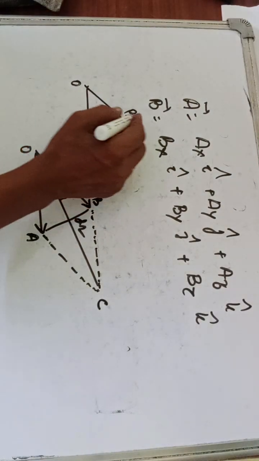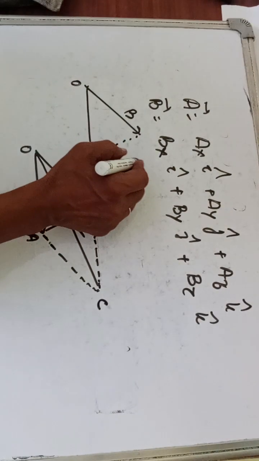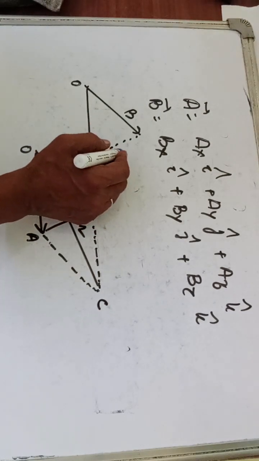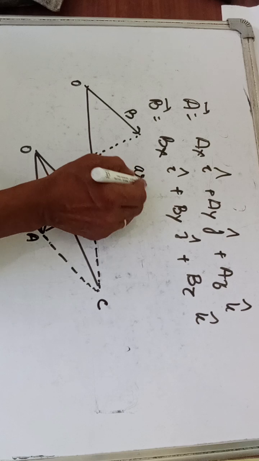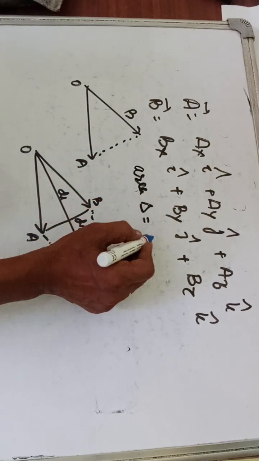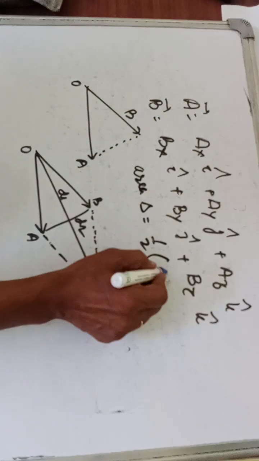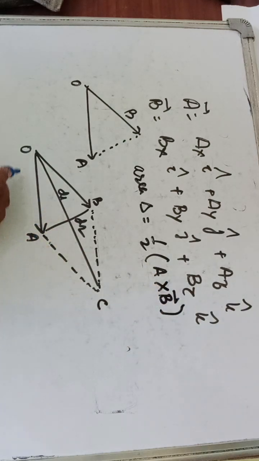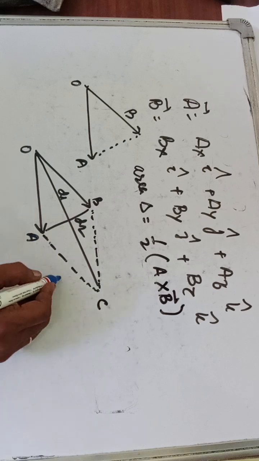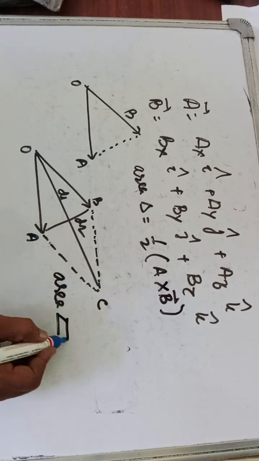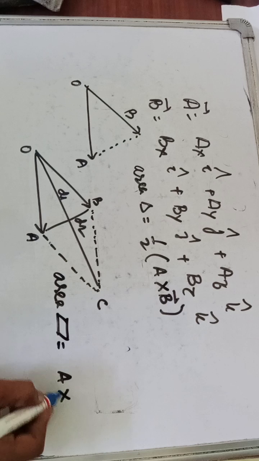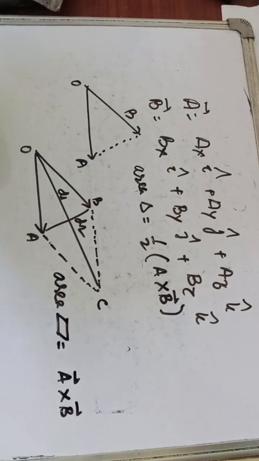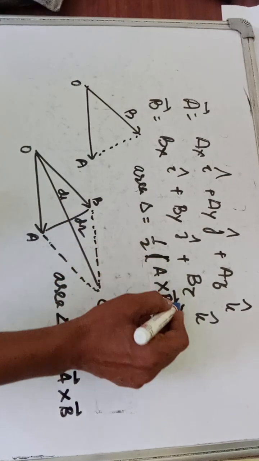Suppose we have two vectors that represent two sides of a triangle, then the area of this triangle will be half of A cross B. Whereas if two vectors represent two sides of a parallelogram, the area of this parallelogram is equal to A cross B, and we have to take its magnitude.